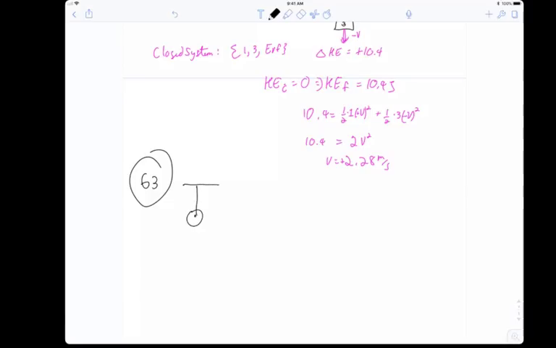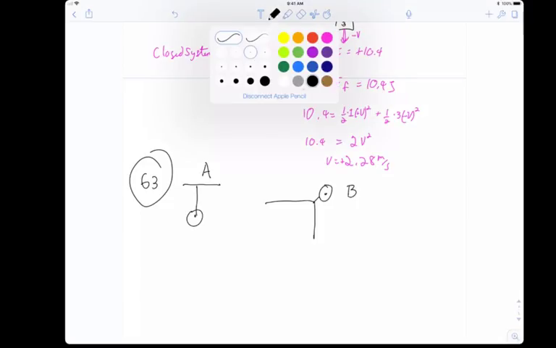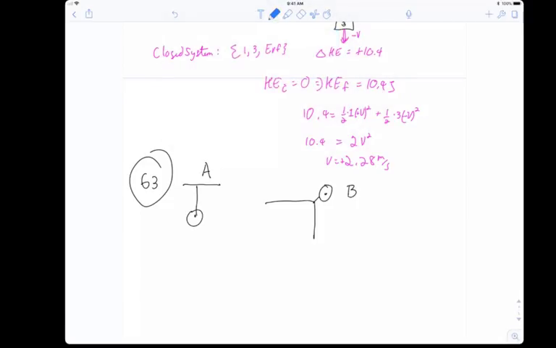I'll call this configuration A, and I'll call this configuration B. Here's what's in the textbook. This one has a little block and a big block. And this one has a little block and a big block.